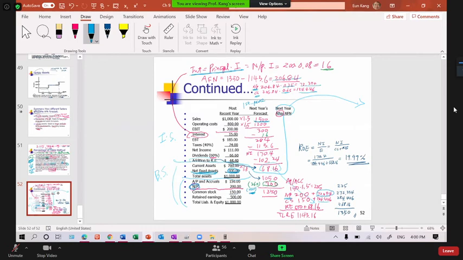No, it affects total assets, then what? Then that will affect AFN, because total assets minus the spontaneous liabilities and retained earnings, right? Then that will affect notes payable, because that is AFN. So all those numbers will change.